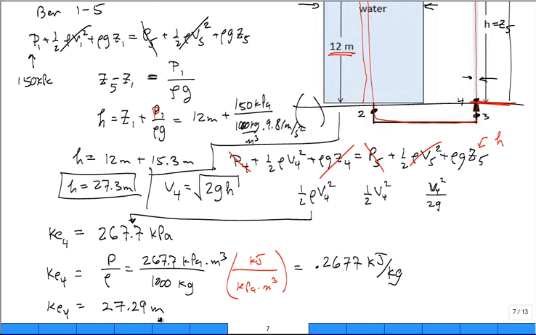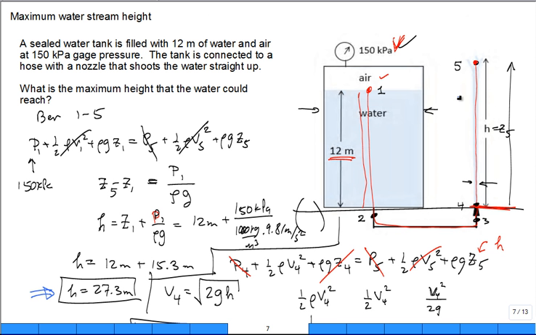Okay? How far up did the water shoot? 27.3. It's the same. If you did the Bernoulli in the form of the head from 4 to 5, what would it look like?